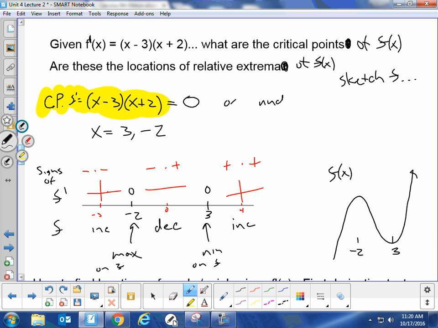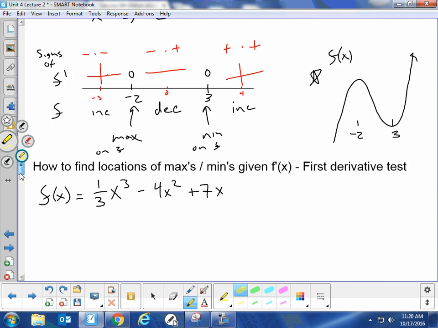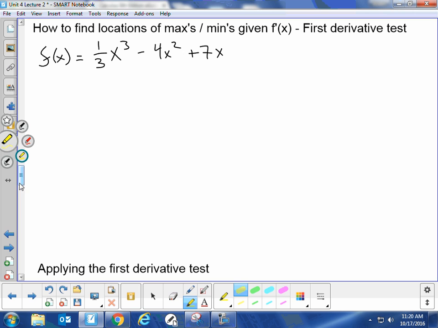Okay, so we took it a step further, and we found not only my critical points, but what's going on at that critical point, and I can do a decent job of sketching my original function, even though in this situation I wasn't even given it. Well, most of the time we will be given the function. But again, what does this look like?